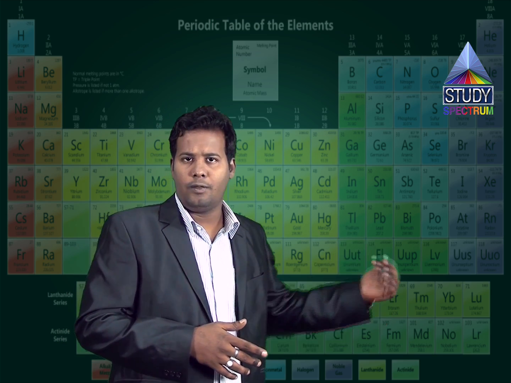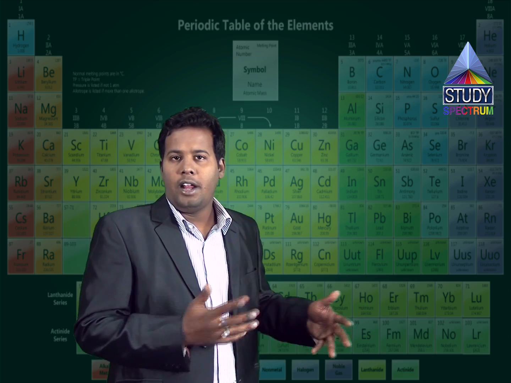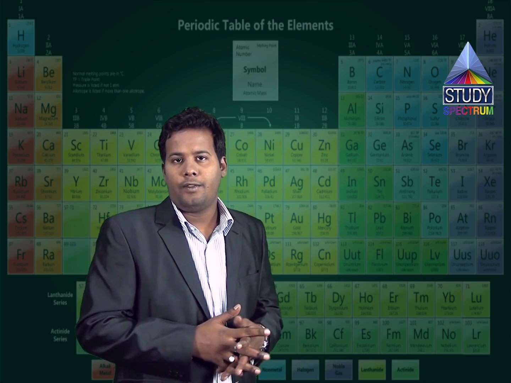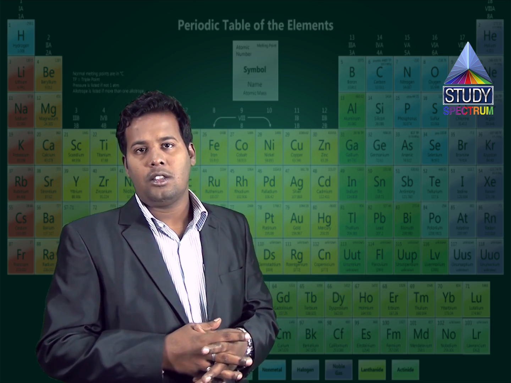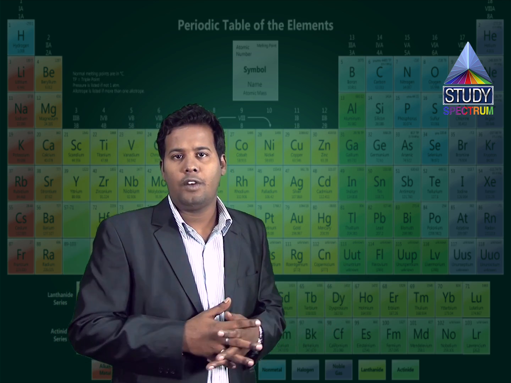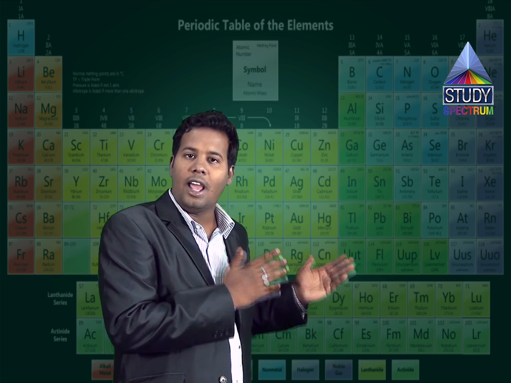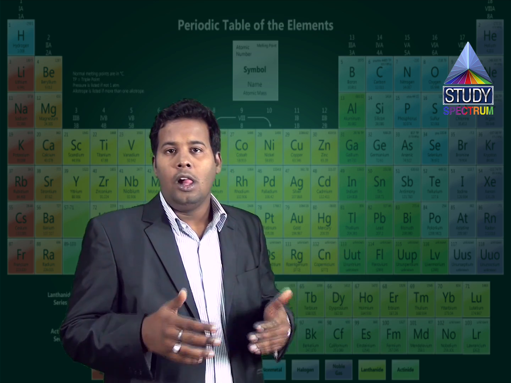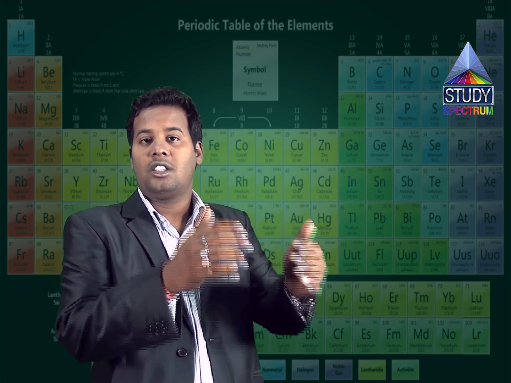You can see these 4 different triads. And after that, Newlands came and he gave the law of octaves, that if elements are arranged in increasing order of atomic masses, then properties of every 8th element will be similar to the first element. But his law was applicable or true till calcium only, and further he was not able to classify all the 56 elements discovered at that time.